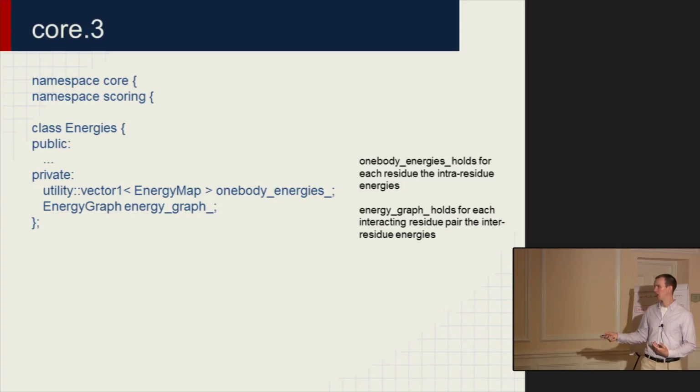And then there's an energy graph class that's stored in here that holds the residue pair energies. So as you're iterating across all the adjacent pairs of residues, and you calculate the interaction energy, you write down what energy you calculated into edges in the energy graph.